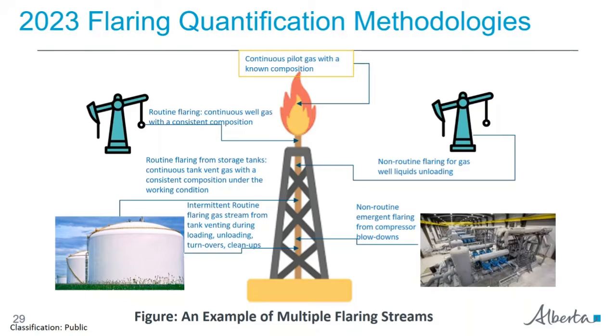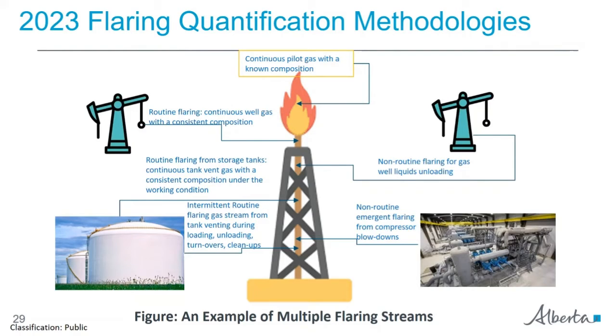In our methodologies provided in Chapter 15, as Christina mentioned, we provide 3 different methods to be applicable for all different situations of flaring. We have method 15-11 for default emission factor and also 15-12 for variable compositions.